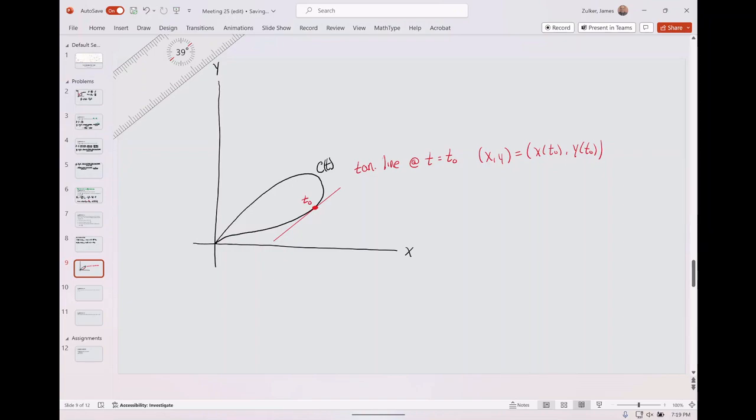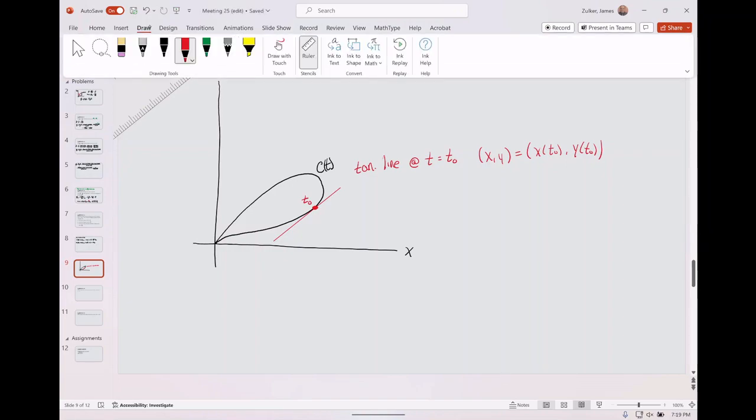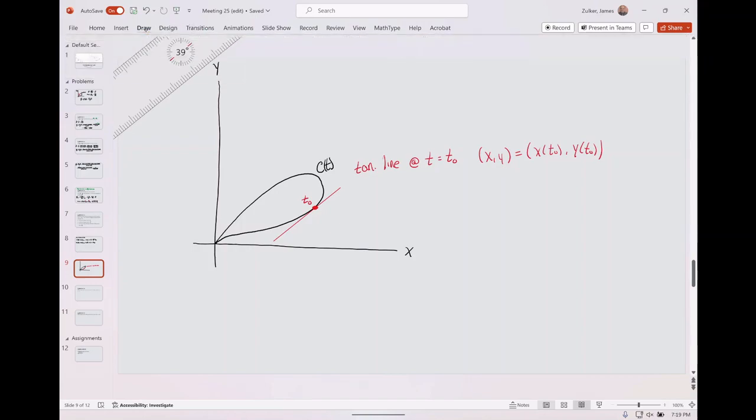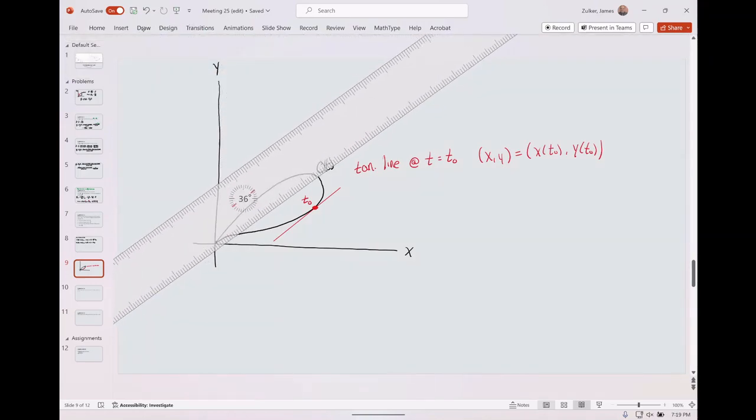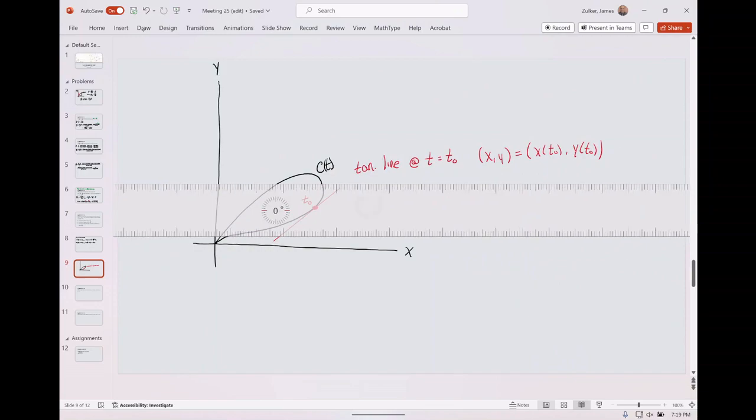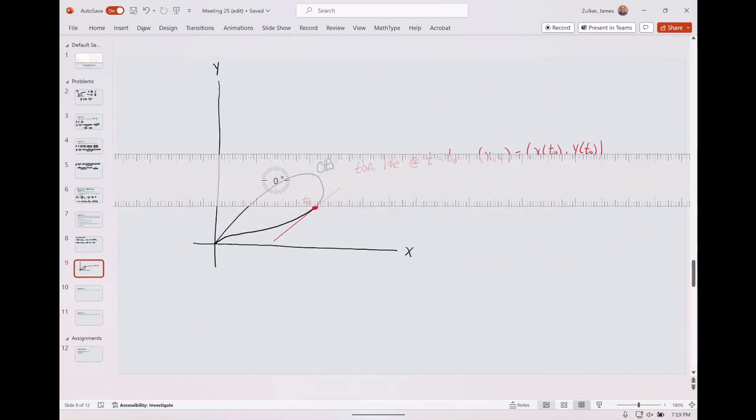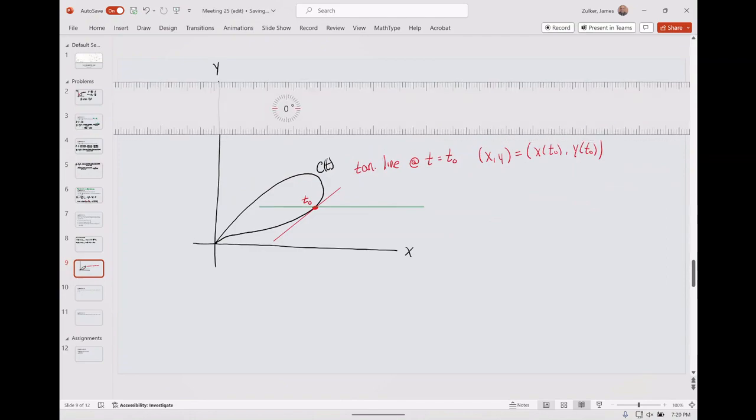Angle of inclination is that angle right there.